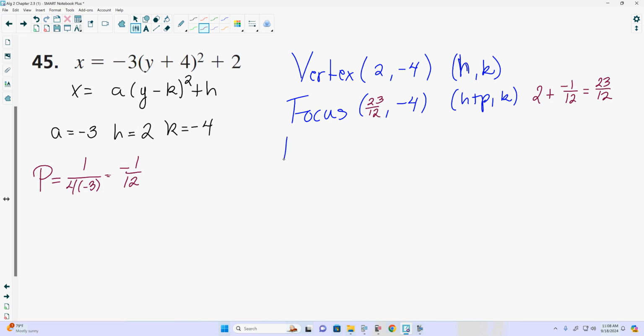Now the directrix, x equals. In the general form it is h minus p. So we're looking at 2 minus negative 1/12. And we can type it in as 2 minus negative 1/12, or we can type it in as what? 2 plus 1/12.